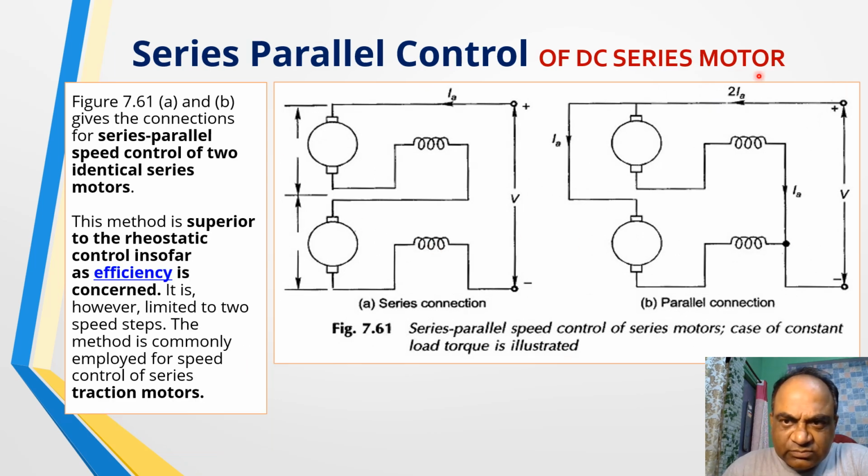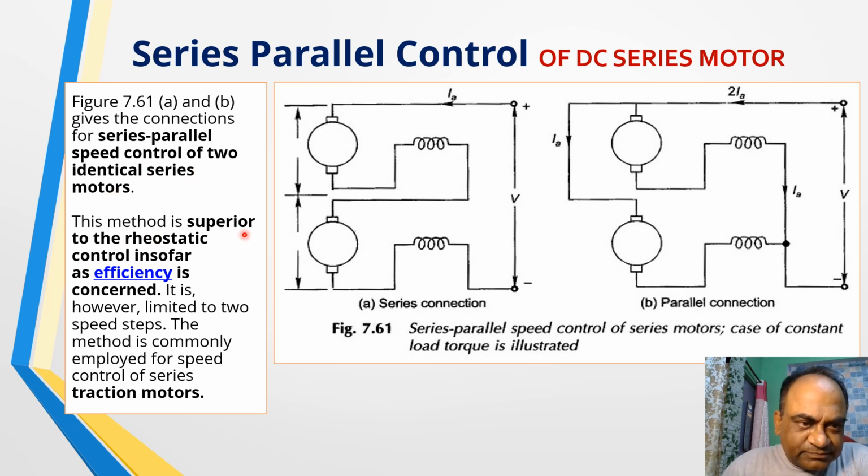Here the series parallel connection of the series motor has been shown. So there are two motors connected to the common load here. This is the series parallel speed control of two identical series motors.